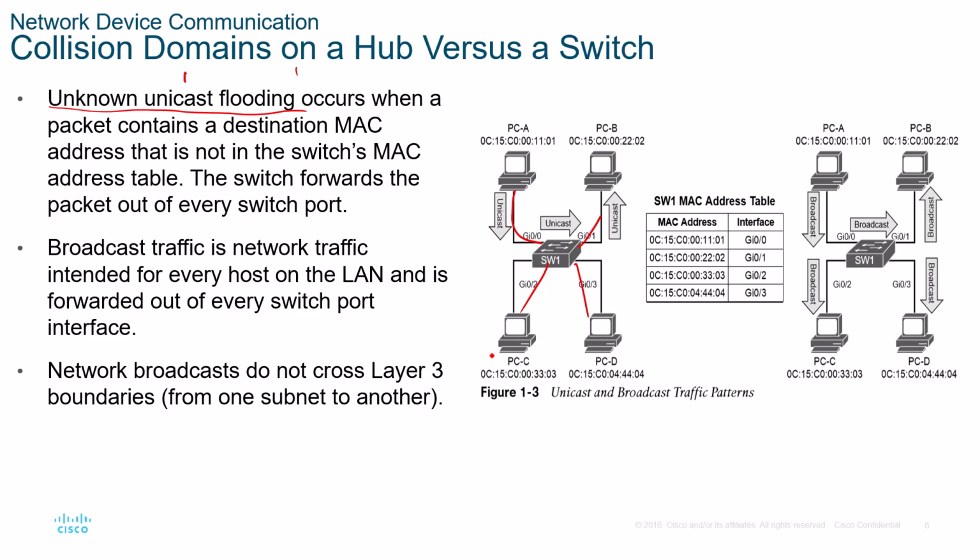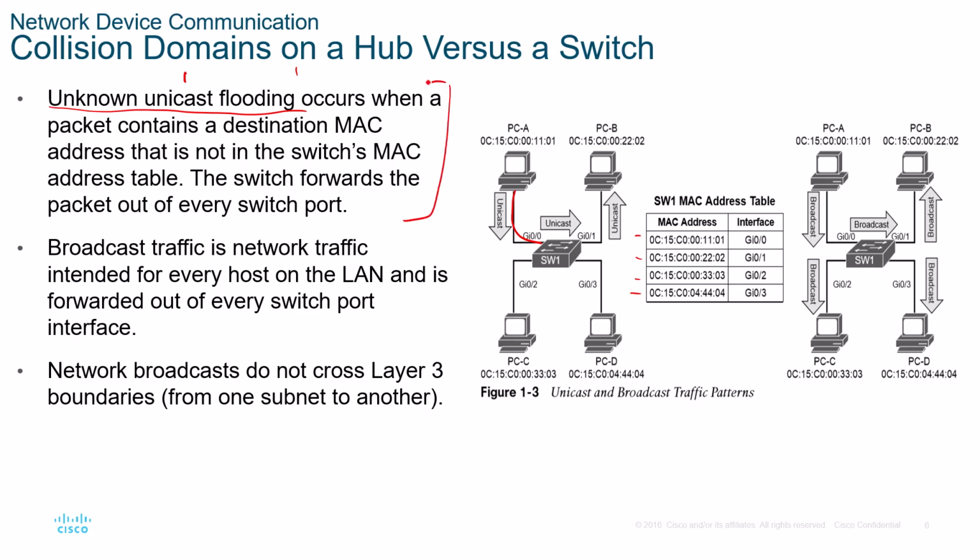Again, assuming it's not in the table. With just generic traffic flow, the switch table should be populated. So the switch table should start filling out. So that's how the MAC address table is done.